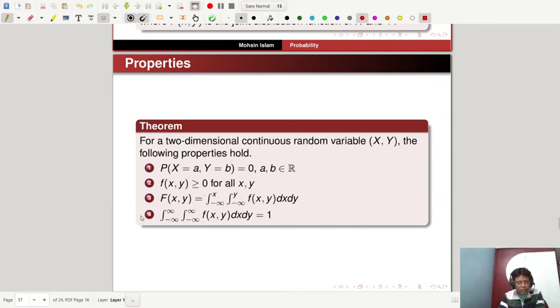So that is the theorem for double integration also. These two conditions are known to you, and this is the joint distribution function for a two-dimensional continuous random variable (X, Y), and f(x, y) greater than or equal to 0. So these are the very important conditions for a possible PDF for a two-dimensional continuous random variable (X, Y).